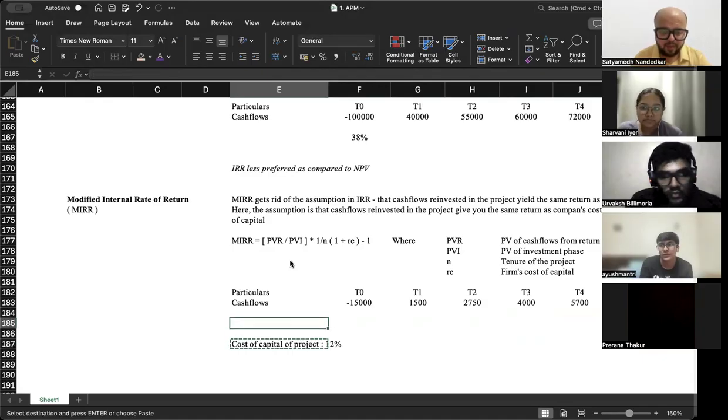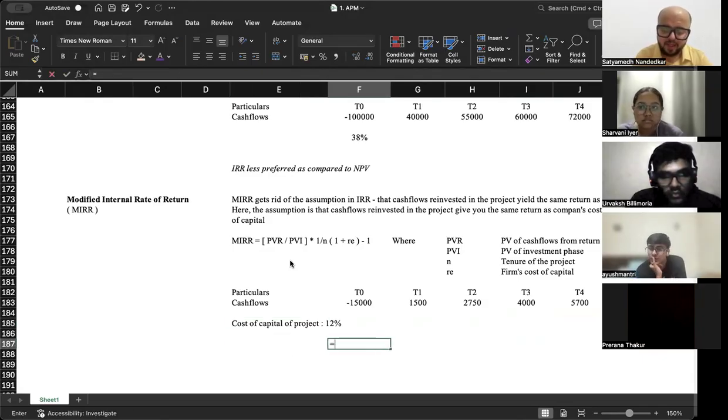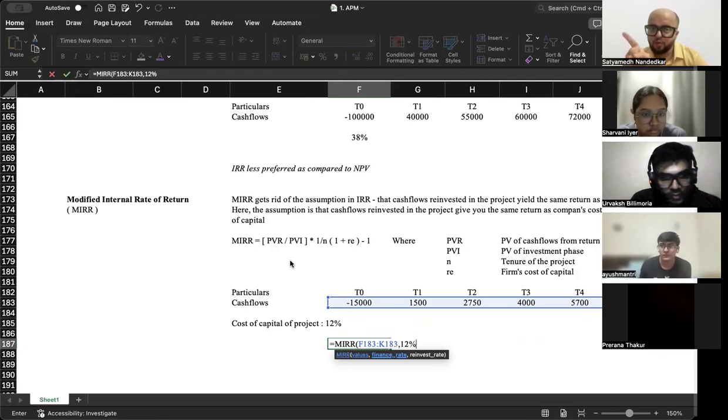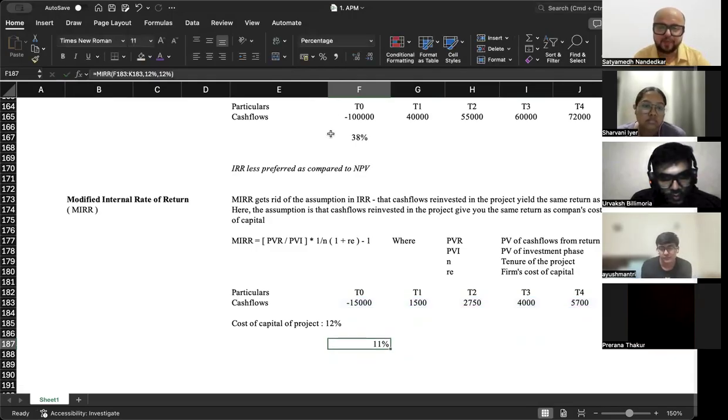Firm's cost of capital is 12%. What is my MIRR? Right, equal to MIRR, press tab. Select the range of cash flows. Financing rate, cost of capital is 12%. All the cash flows are assumed to be reinvested at the cost of capital. So, comma, reinvestment rate is also 12%.